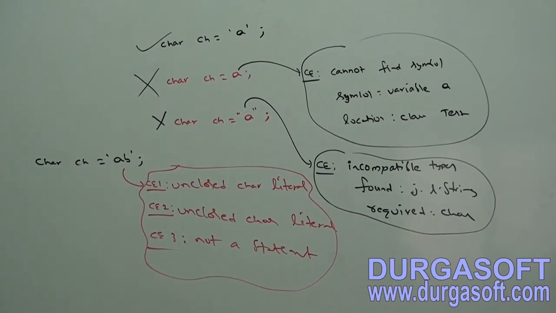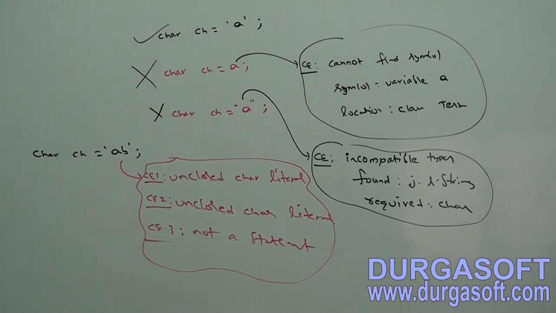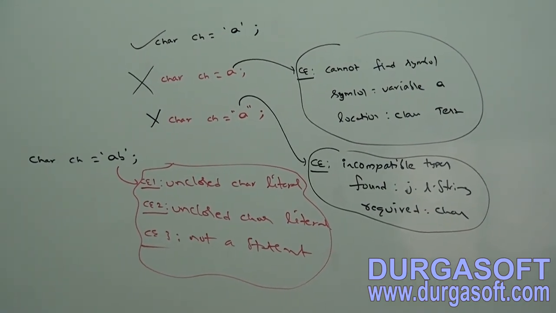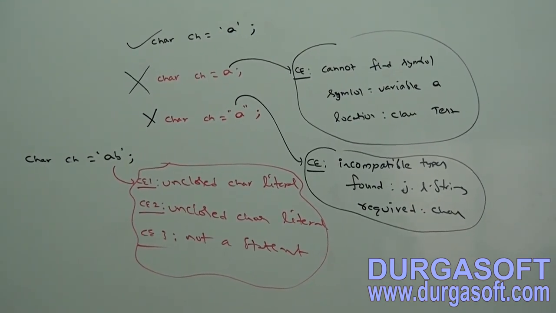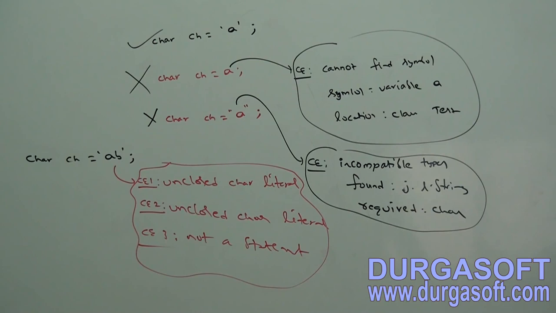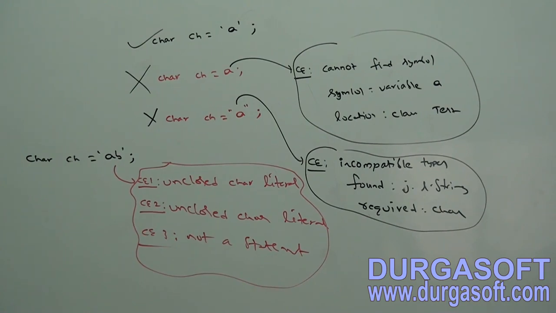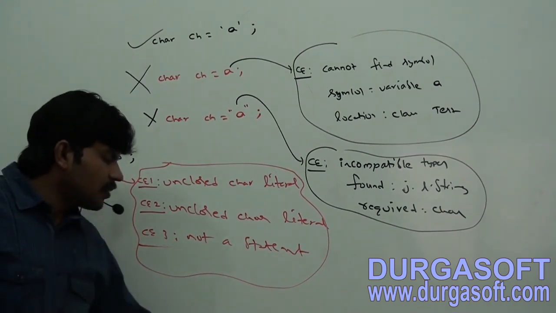char ch = 'a' within single quotes. Otherwise we get an unclosed char literal, a compile error, right?